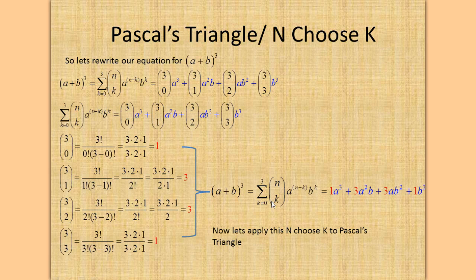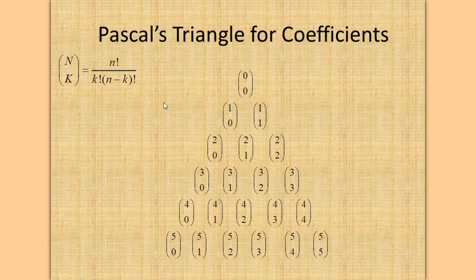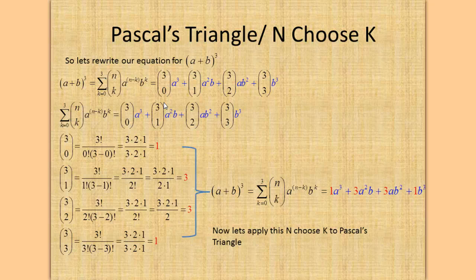A plus b cubed is equal to a cubed plus 3a squared b plus 3ab squared plus b cubed. And this is exactly what we saw from Pascal's triangle. And what we're going to do is take this n choose k and apply it to Pascal's triangle.